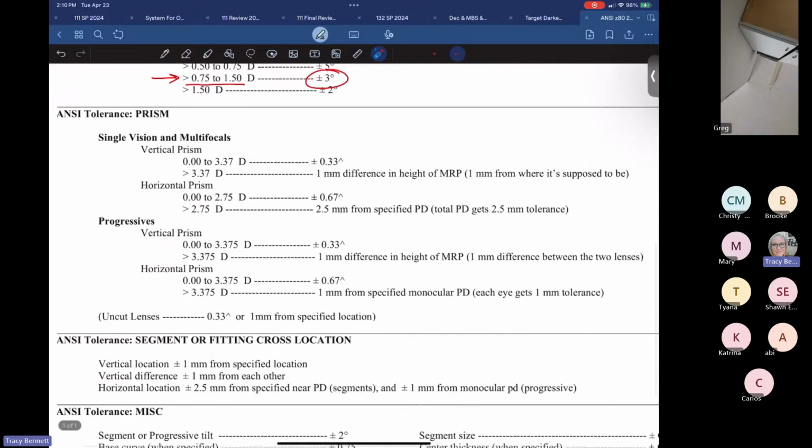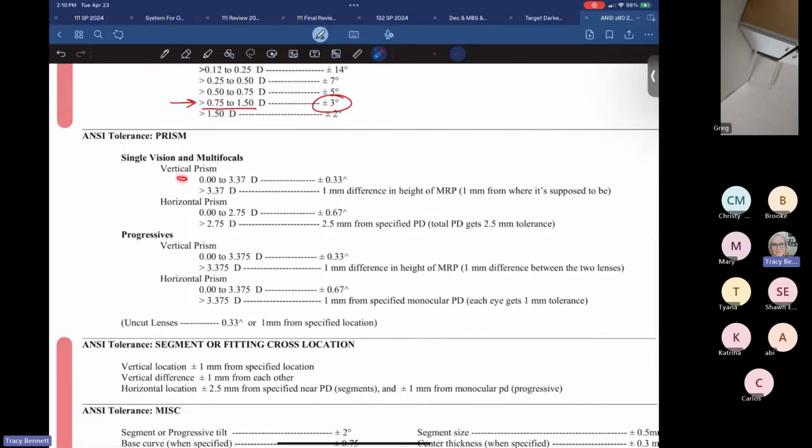Here are your prisms. So you've got, for single vision and progressives, your vertical prism and your horizontal. That's where we see that 1/3, that third and a millimeter. And you also see that 0.67 and the 2.5 for the PD.